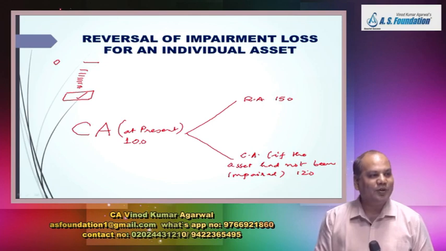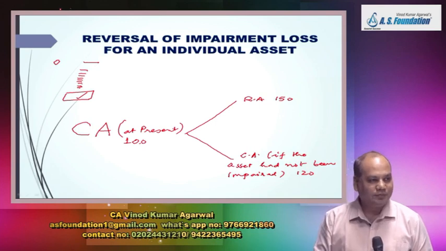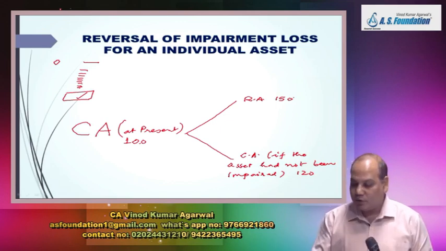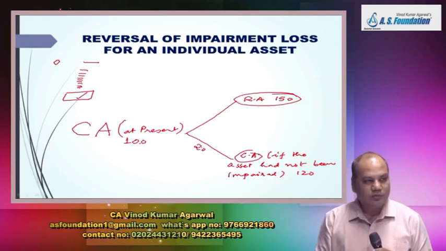Now my question is, how much can you reverse here? So the standard says the maximum you can reverse should be such an amount that after reversal of impairment loss, the carrying amount should not exceed the lower of the following two: recoverable amount and carrying amount if impairment loss had not been provided. So my answer would be, I can reverse only 20.